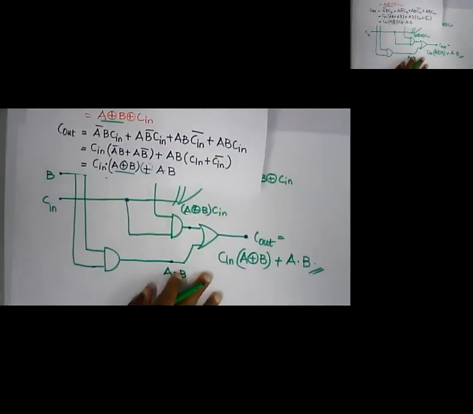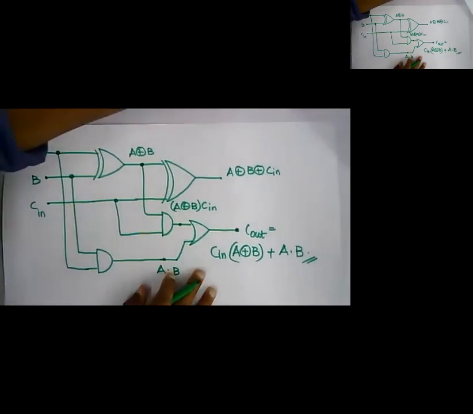The equation is A XOR of B into C in plus A dot B. Clear, right?